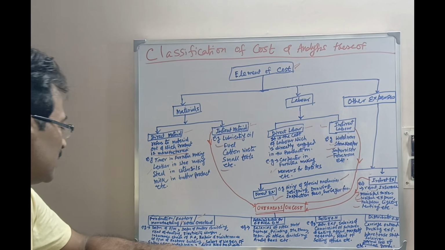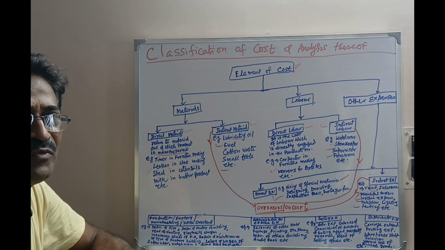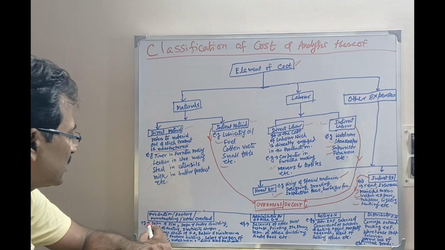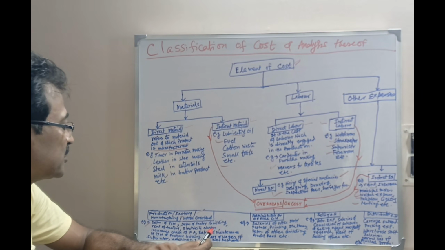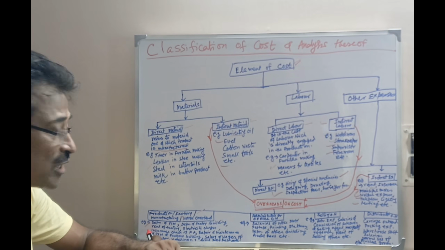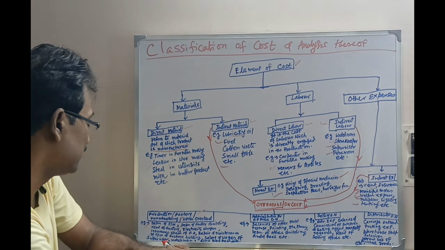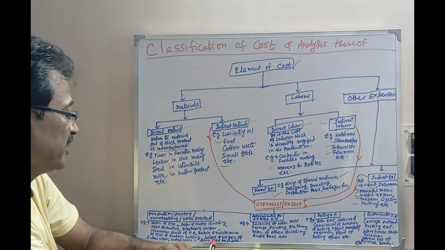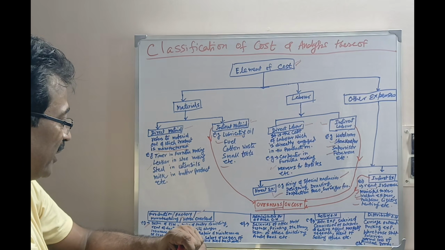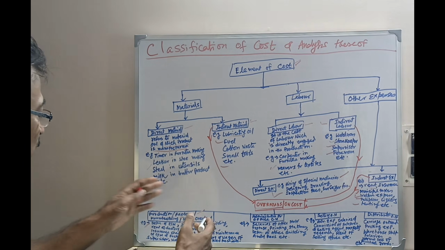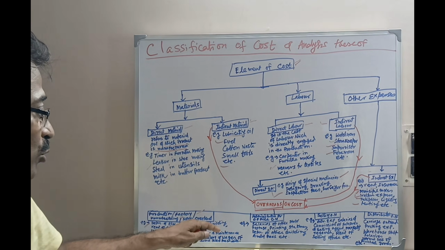Examples are depreciation of plant and machinery, depreciation of factory building, rent of the factory, electricity charges, insurance charges of fixed assets and floating assets, repair and maintenance of plant and machinery and factory building, salary and wages of the supervisor, watchman, foreman, and timekeeper. All these expenses relating to the factory are called factory overhead or works overhead.